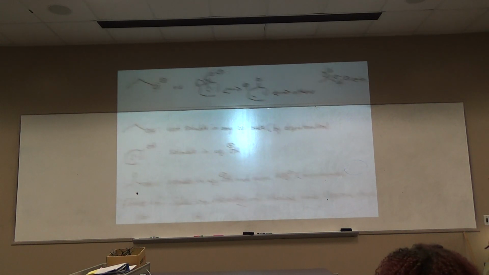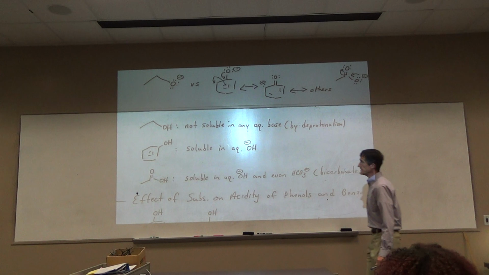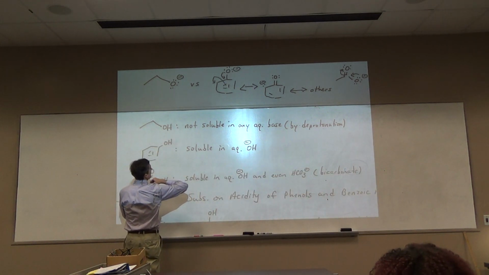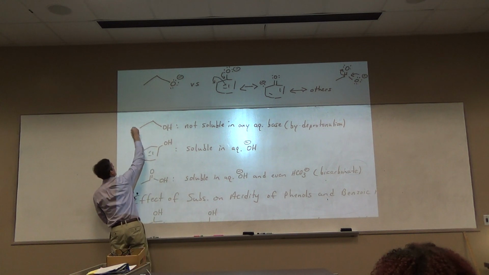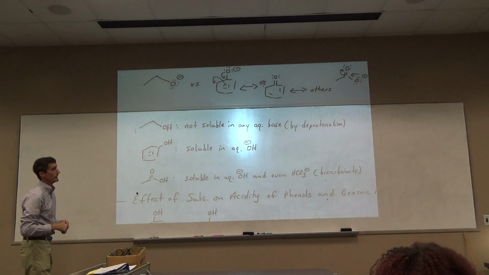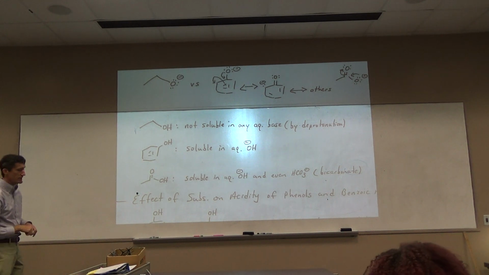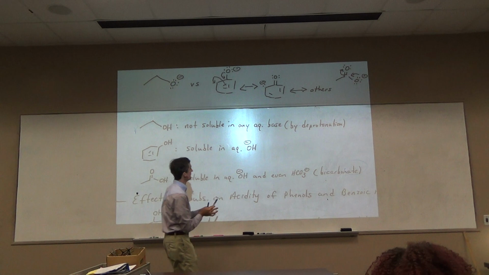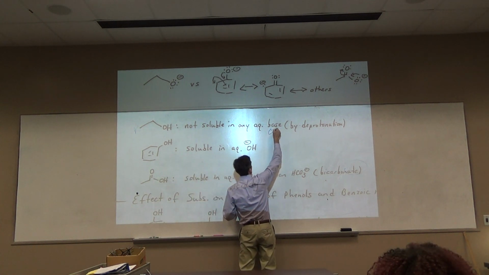Because of this acidity, we have differences in solubility. A regular alcohol, now I'm going to put an R group here, not soluble in aqueous base by deprotonation. Because aqueous base means hydroxide. That's the strongest base you can have in water.